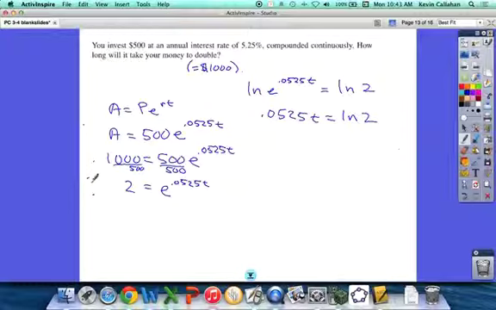But we haven't quite solved for the t. What do I have to do? Divide, right? So t equals ln of 2 divided by 0.0525. T equals 13.203.